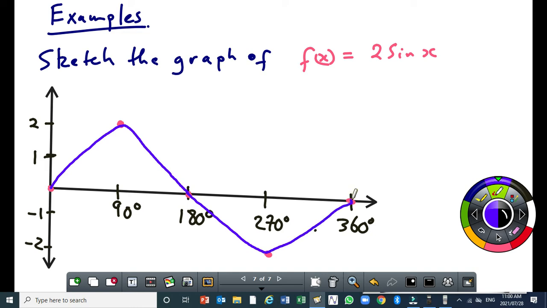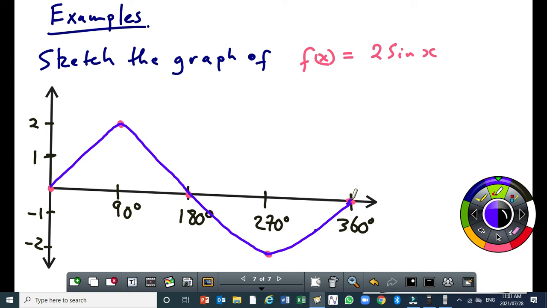Okay? I don't like the way it comes out. Let me start again. So it's something like that. It's not really so nice. The shape is okay. I think here it's too sharp.